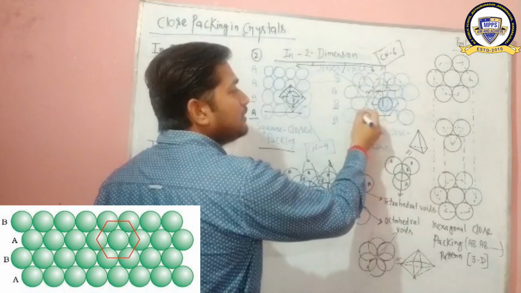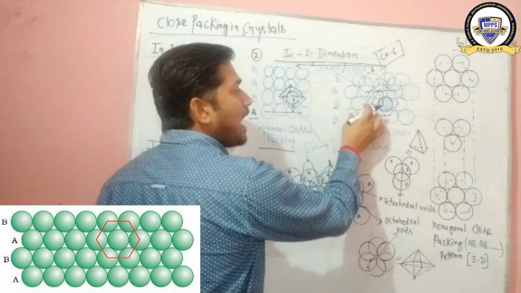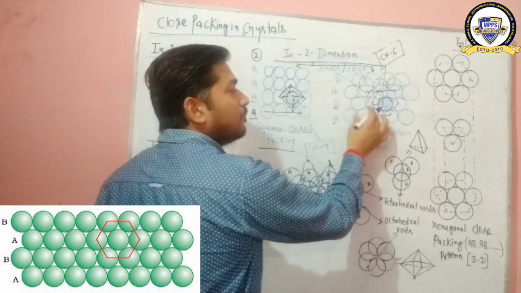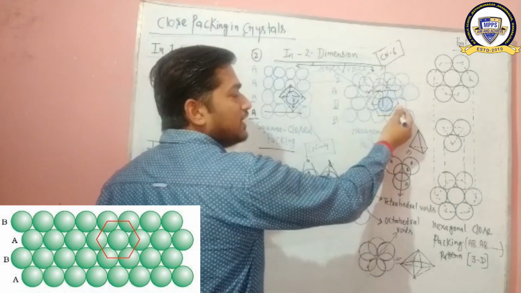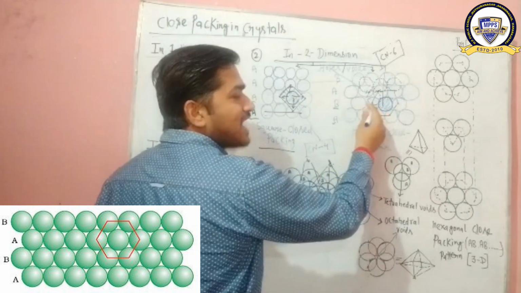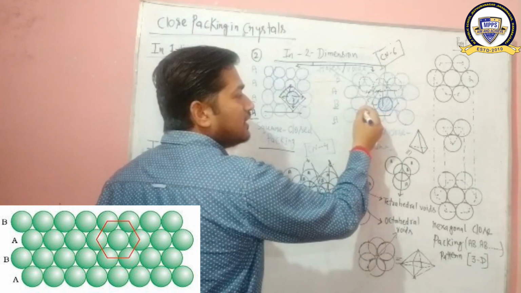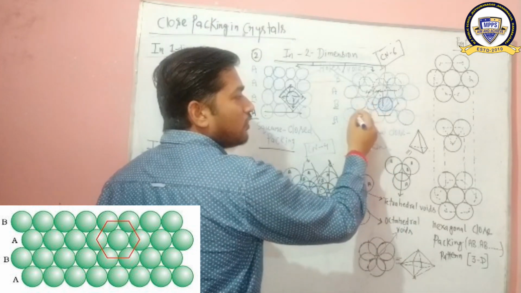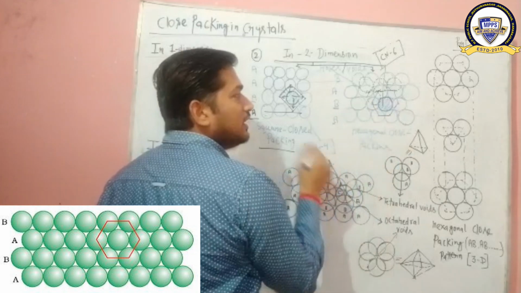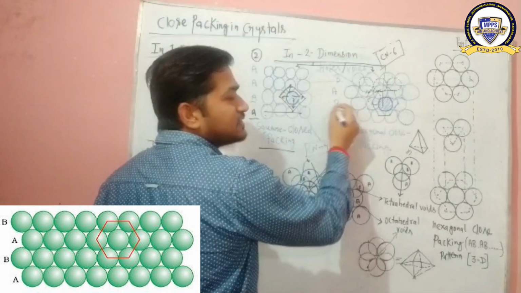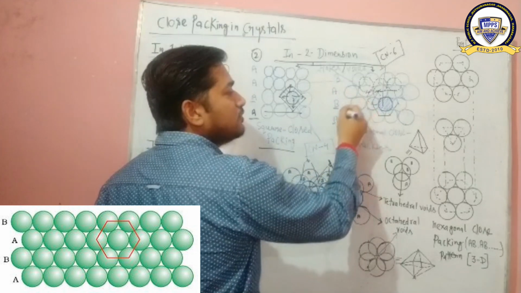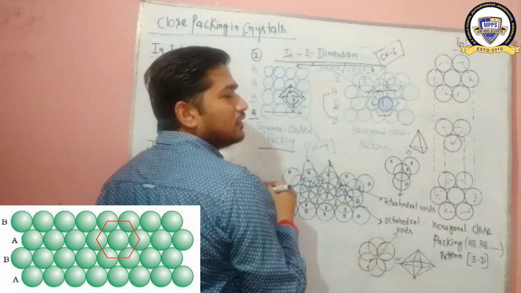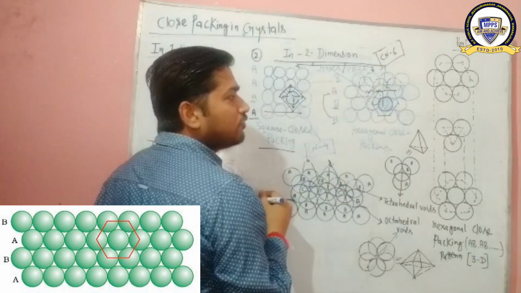B arranges in between the gaps of the particles of the first layer. So B represents a different layer, and the third layer is similar to the first one.